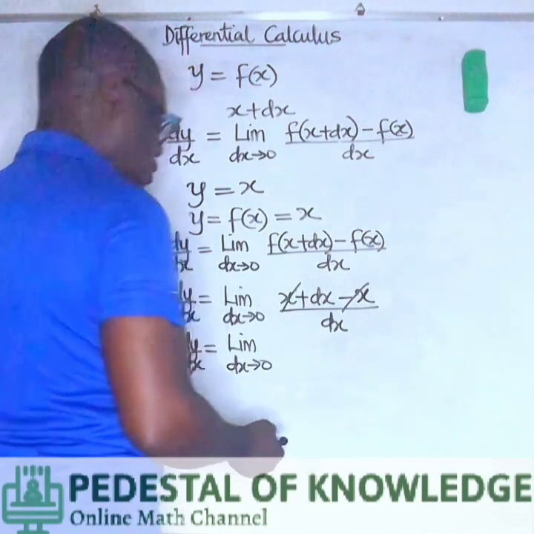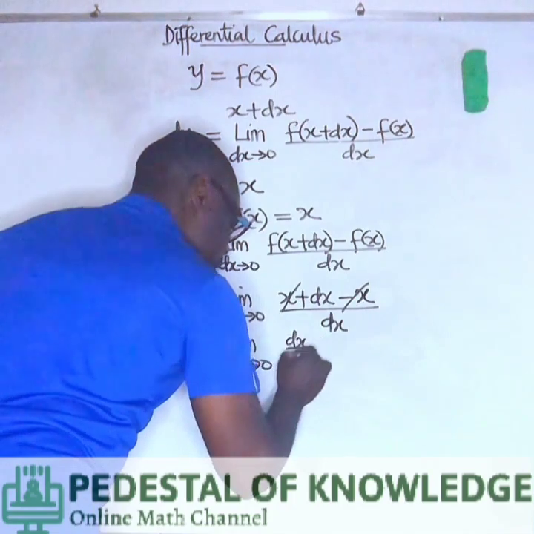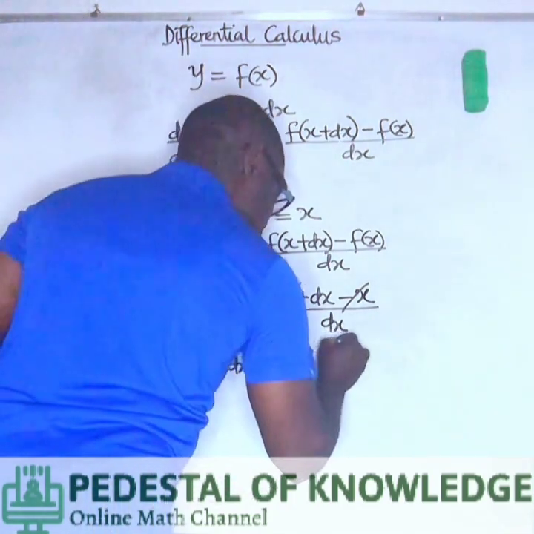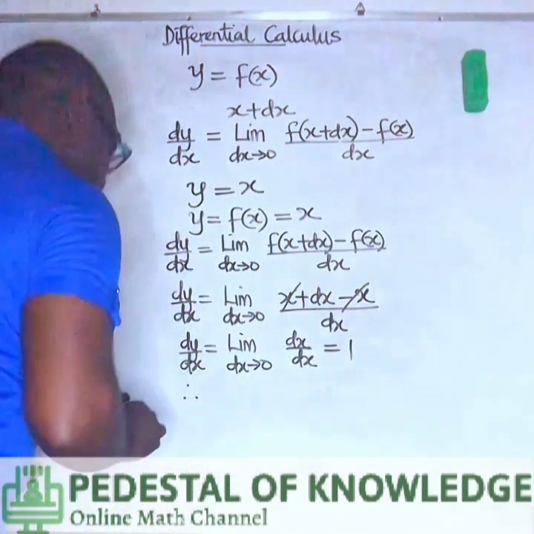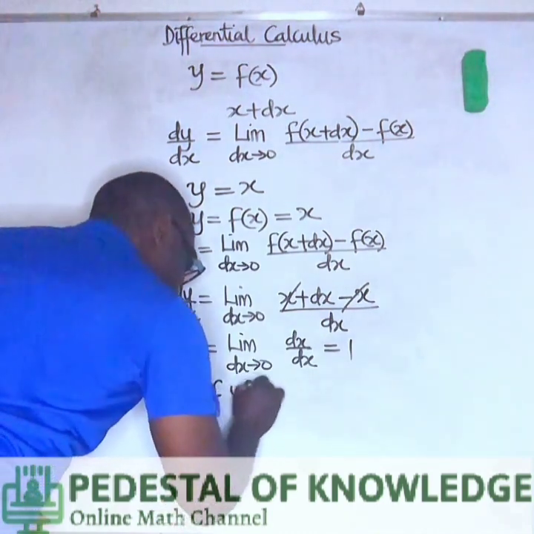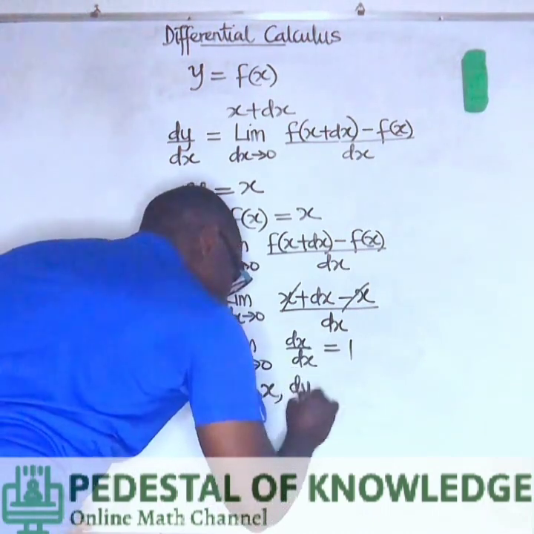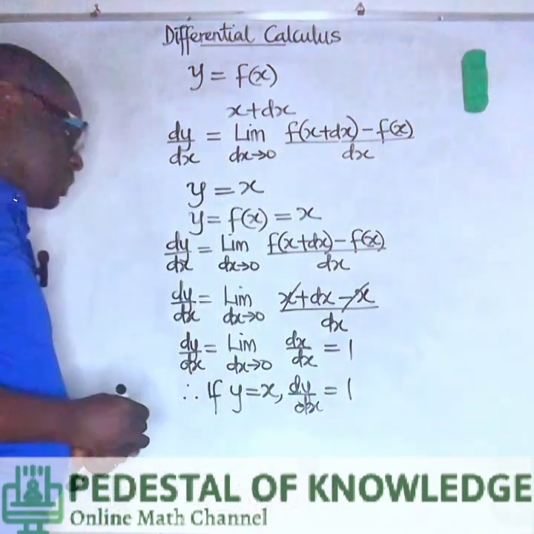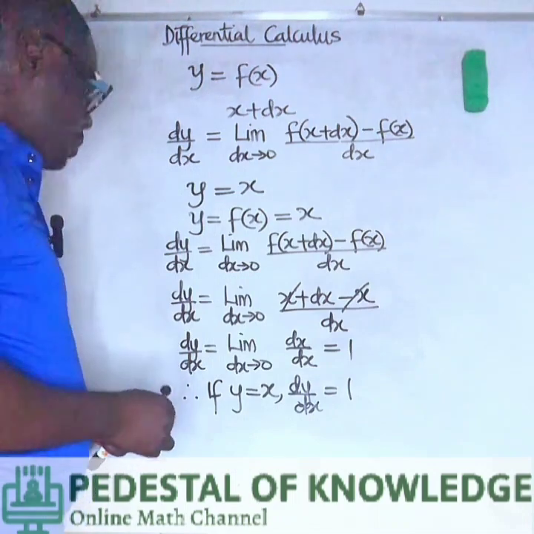They have cancelled out. So what we have here now is dx over dx, and dx over dx is equal to 1. Therefore, if y is equal to x, then dy dx is equal to 1. That is the differential coefficient of the function x.